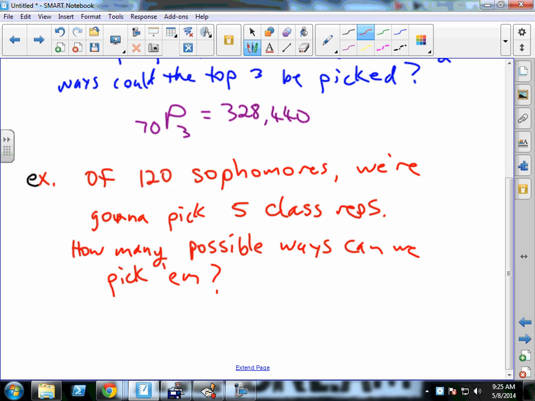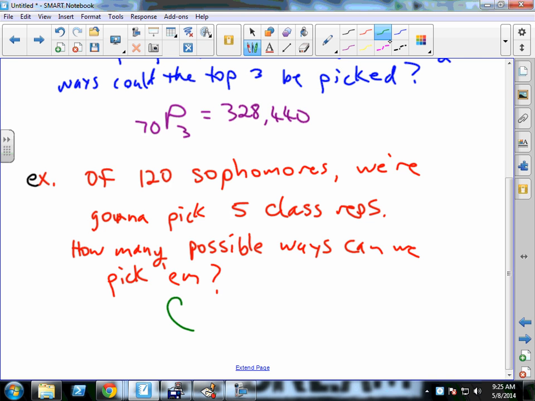So it doesn't matter what order we pick class representatives in. This is where you have to decide on your own. I am not going to help you with the exercises. I'll just say, does order matter? So does order matter when we pick class reps? No, it doesn't. So what are we going to use? A permutation? Nope. We're going to use a combination.